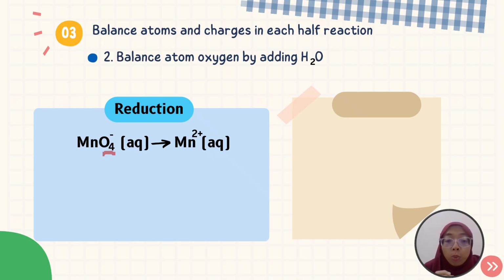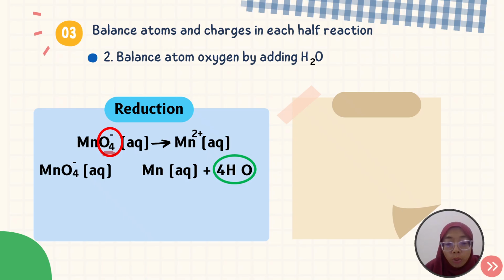To balance the oxygen atoms, we must add H2O. Since the left side has 4 oxygen atoms, to balance it, on the right side you must add 4 H2O.